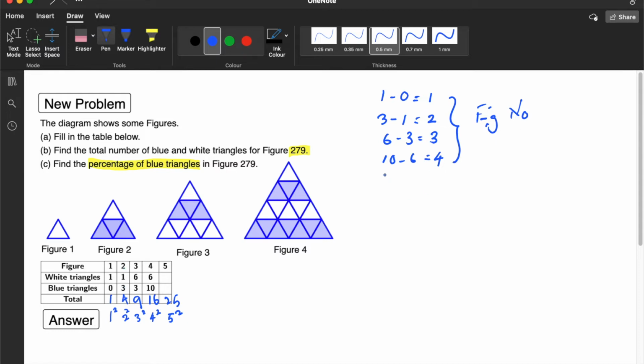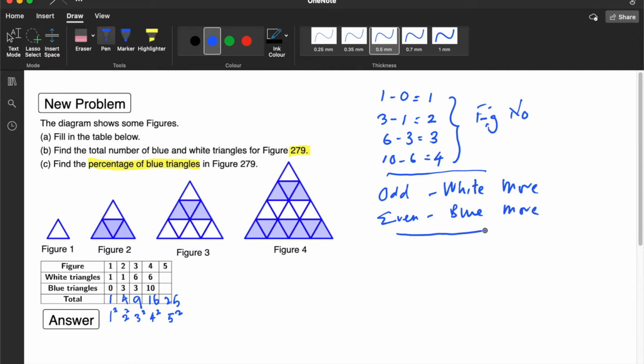So there is another pattern here. For odd numbers, the white triangles will be more. For even it is the opposite. It is the blue that is going to be more than the white. So I think these are the 3 patterns that can be observed in this problem.